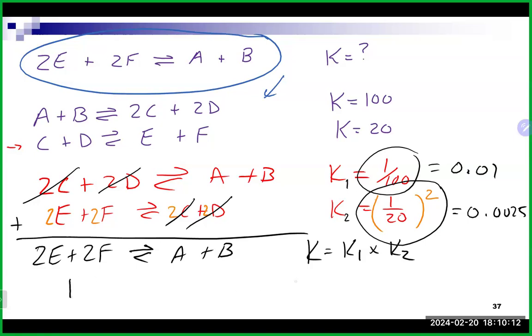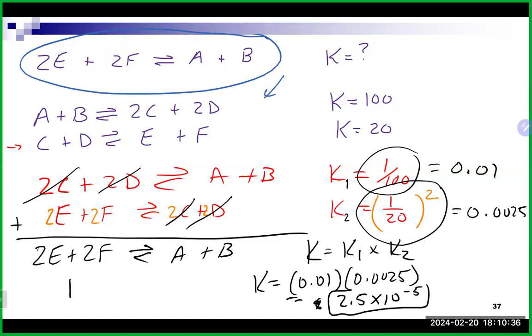So my K will equal 0.01 times 0.0025. And that will get me, I'll do a little scientific notation here, 2.5 times 10 to the 1, 2, 3, 4, 5 minus 5, looks like, by counting my zeros right there. Any questions on that?